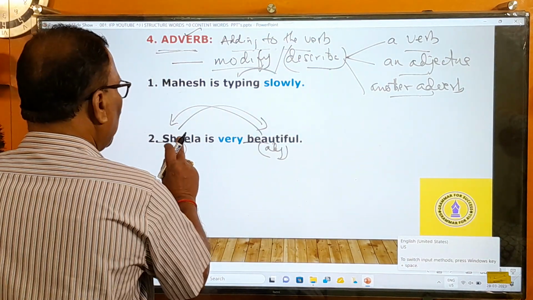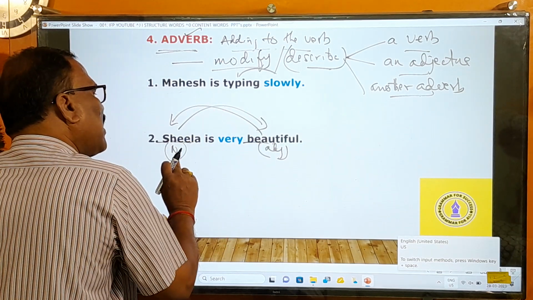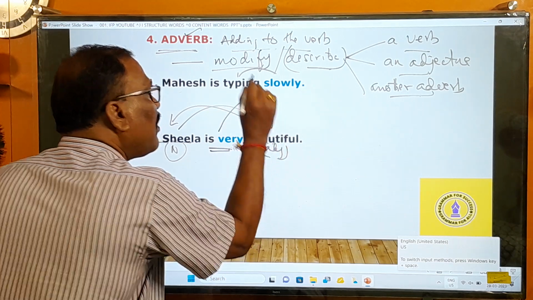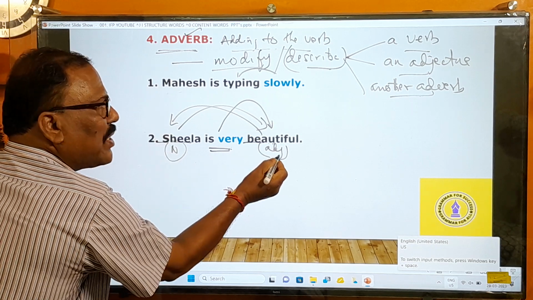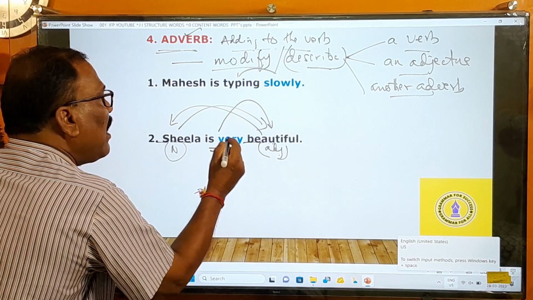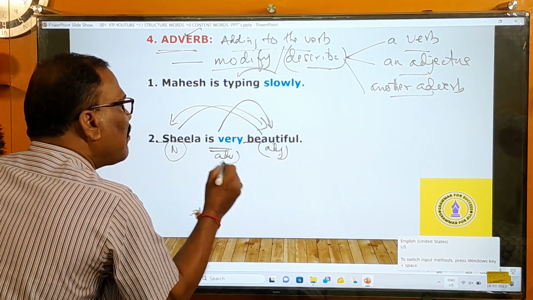Right. So here Sheila is very beautiful. What is this beautiful doing? It is describing Sheila, that is a noun. And how beautiful is Sheila? Very beautiful. This is describing a noun, therefore it's an adjective. Any word that describes a noun is called an adjective, right? And any word that describes an adjective is called an adverb.